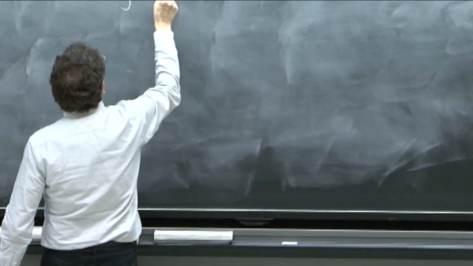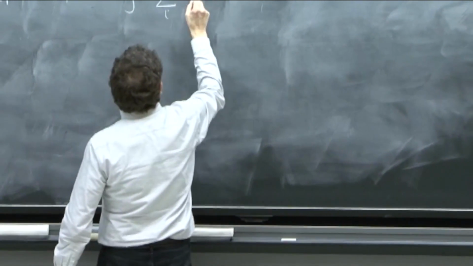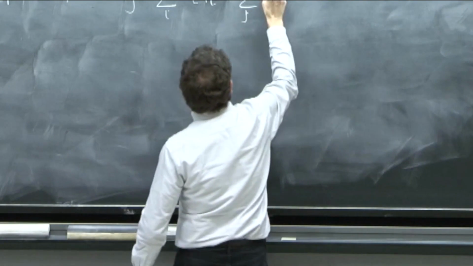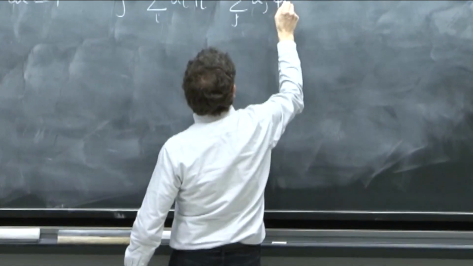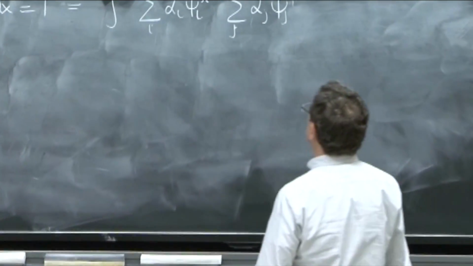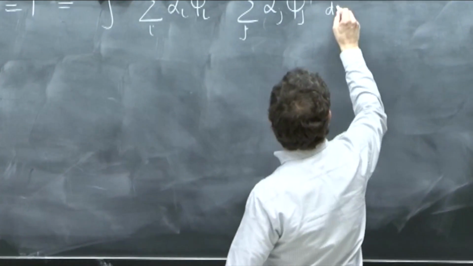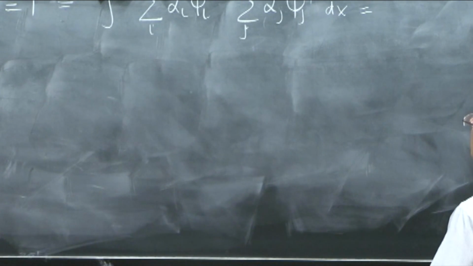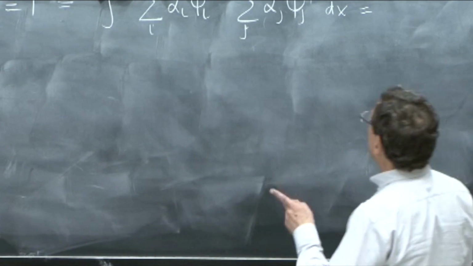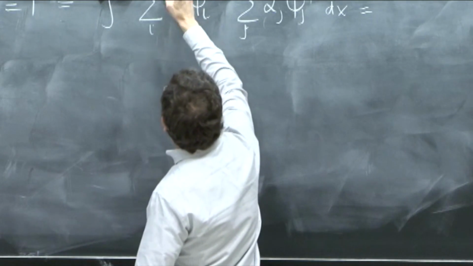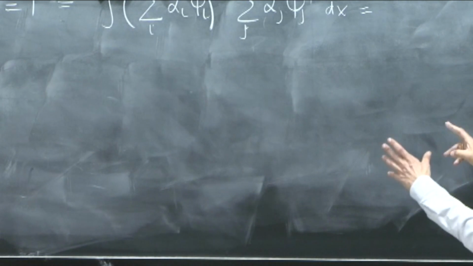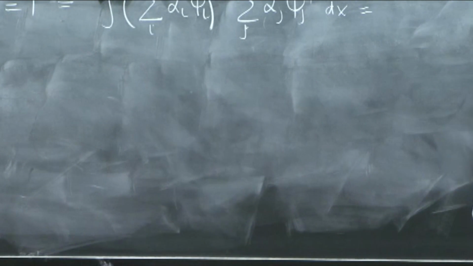Sum over i, alpha i, psi i star, sum over j, alpha j, psi j. That's the integral of this thing squared, dx. I'm sorry, I'm wrong here. The star is there: the first psi starred, the second psi. Now I got it right.